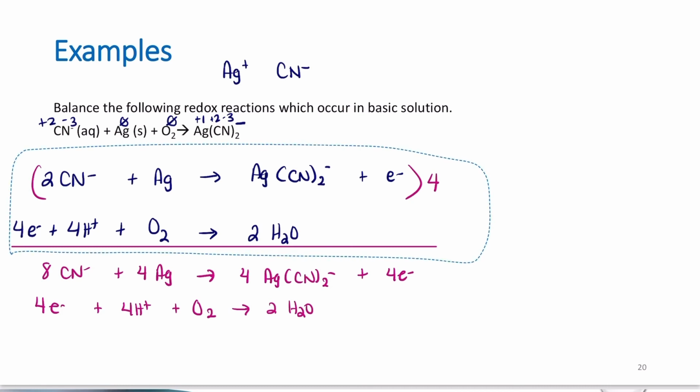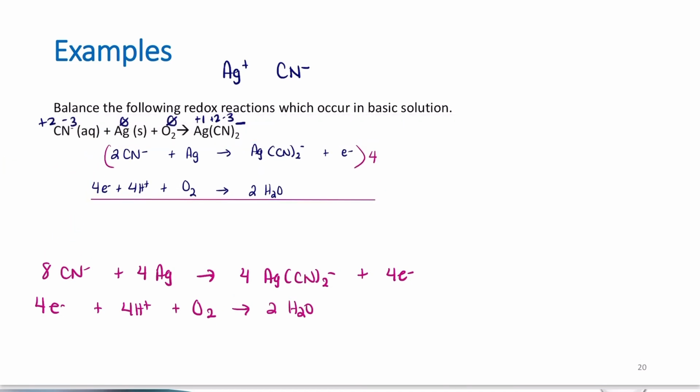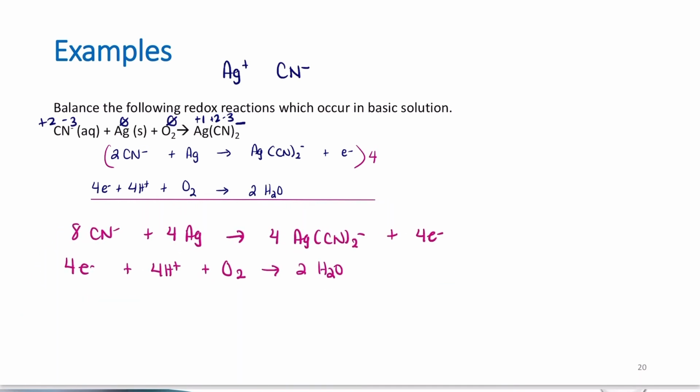Can shrink this down now. Move this up a little bit. Okay, let's see what I can get rid of now. My 4 electrons have canceled out. It looks like that's all that's canceling out right now.